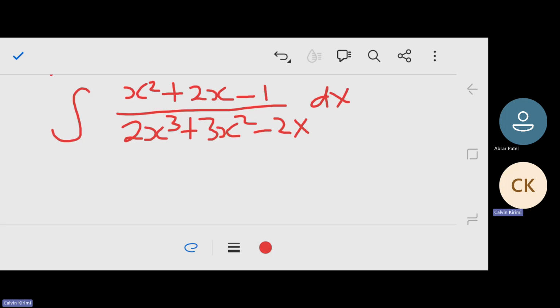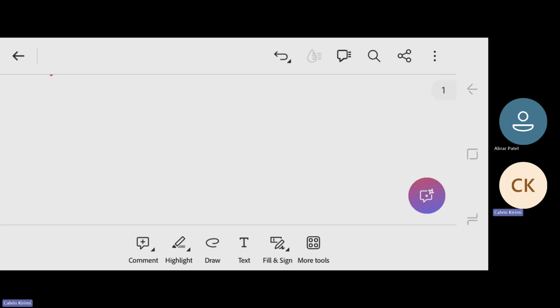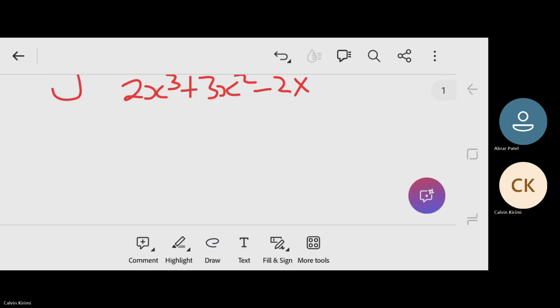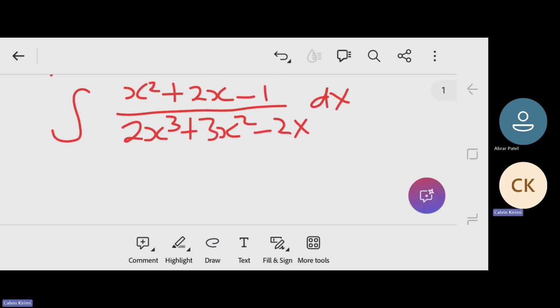So if you want to integrate this by partial fractions, first we have to split it into fractions. So what are we going to do there? We want to change the numerator and the denominator into fractions, which means we are going to factorize.